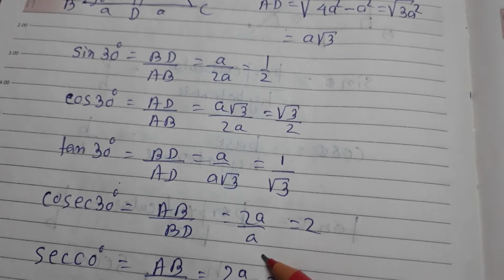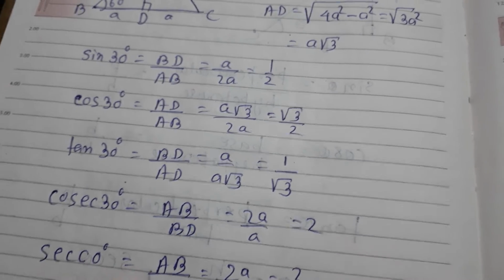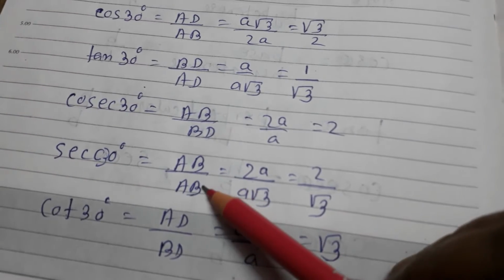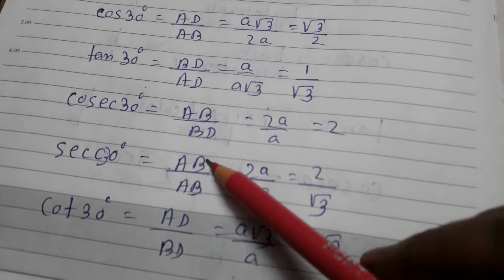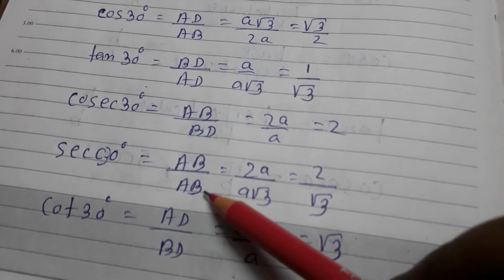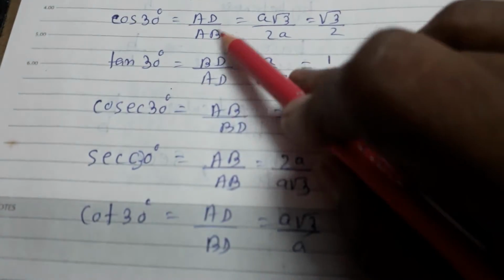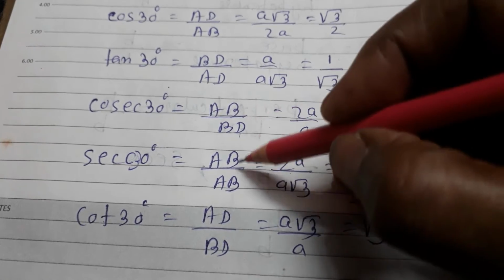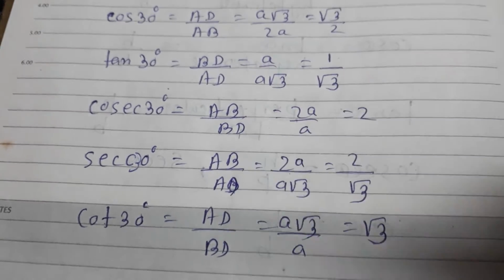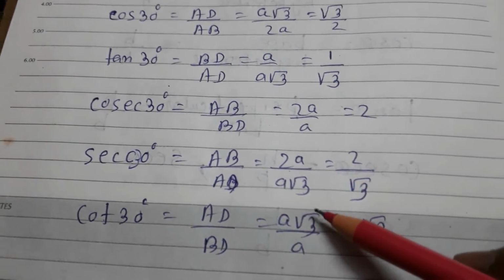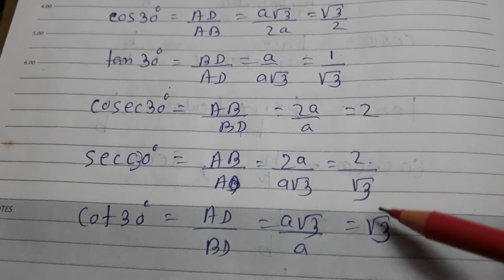So 2A by A, 2. And sec 30 degrees equals the reciprocal of cos 30 degrees. So it is AB by AD. Now 2A by A root 3, that is A cancels, 2 by root 3.